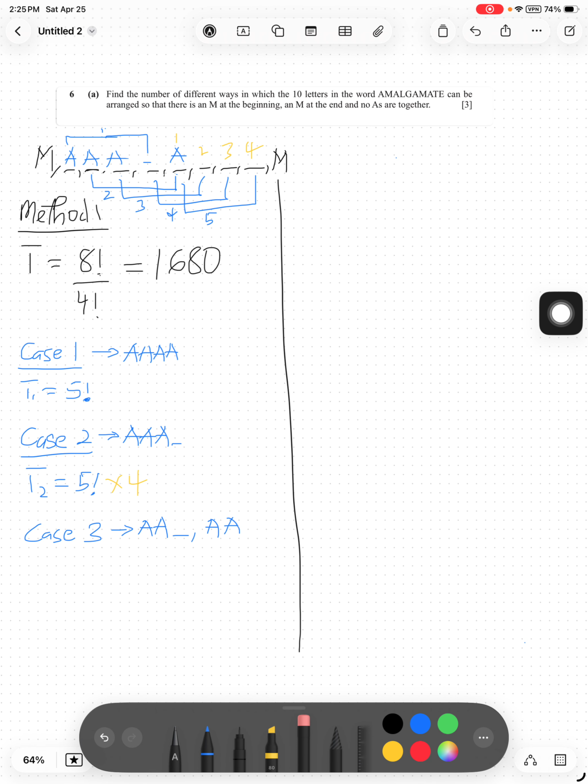So let's erase this. Okay, so we have two A's and an empty space, right? And we can treat that as one block. One block, then we can talk of the two remaining A's.